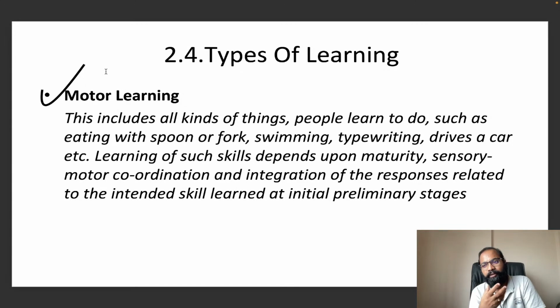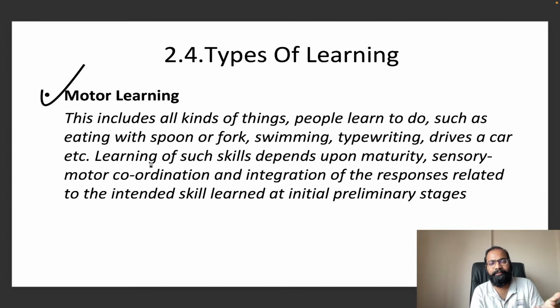It depends upon the muscular activity, on the motor movement. Out of the different body movements, the finest motor movement is handwriting. Why? Because there is a very small movement, right? So in motor learning, we learn activities based upon muscle movements, like eating with a spoon or fork, swimming, typewriting, and driving a car.